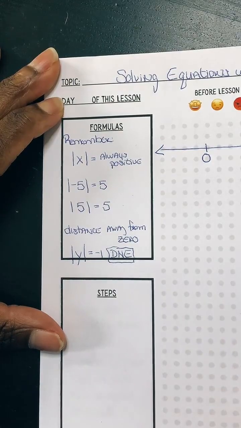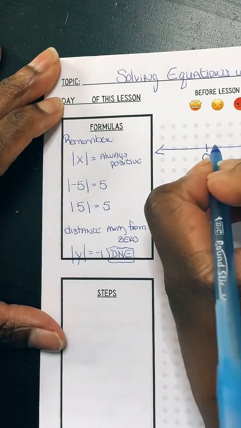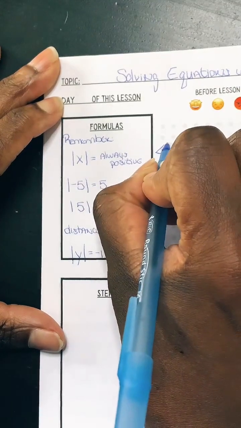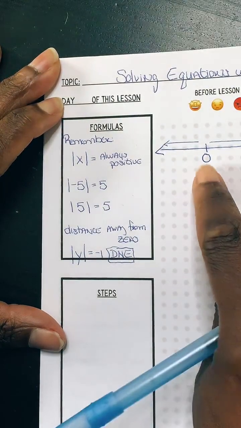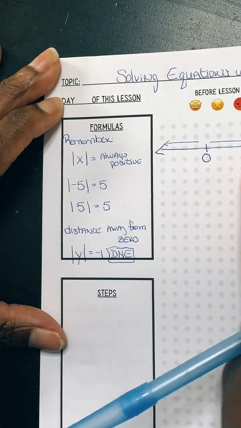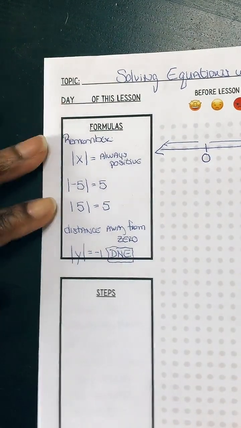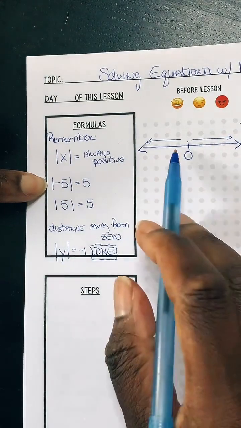All right, so what an absolute value is, it's the distance away from zero. Regardless if you're going in the positive direction or the negative direction, it's how far away you are from zero. So for my example, we have the absolute value of -5.